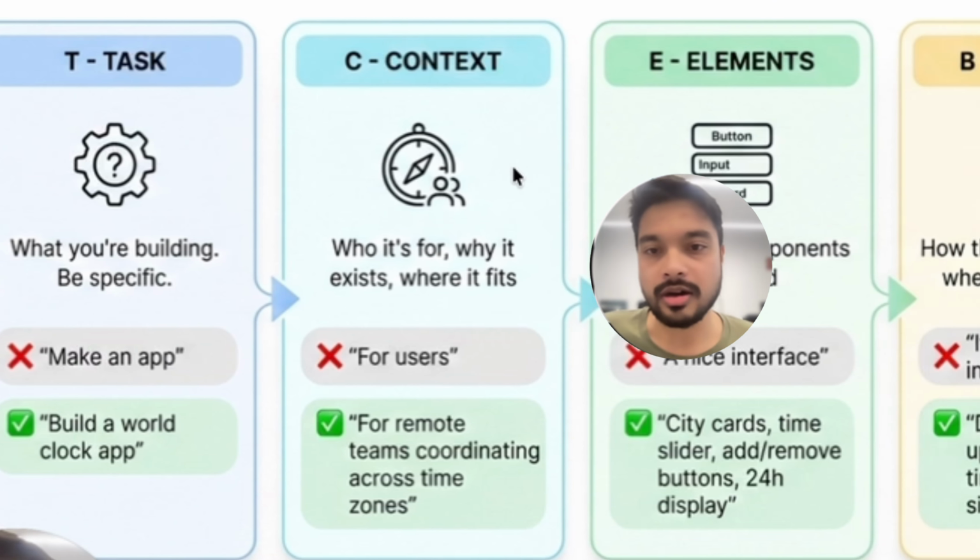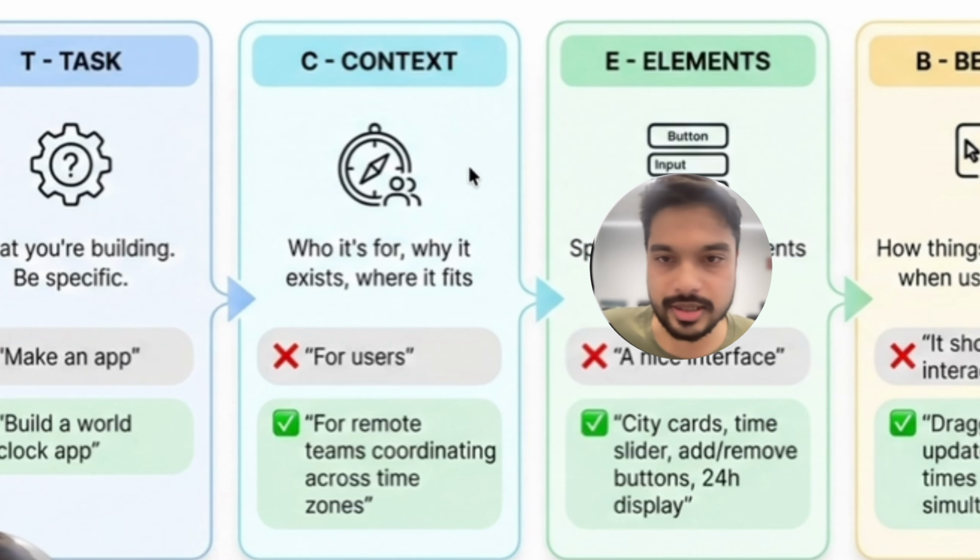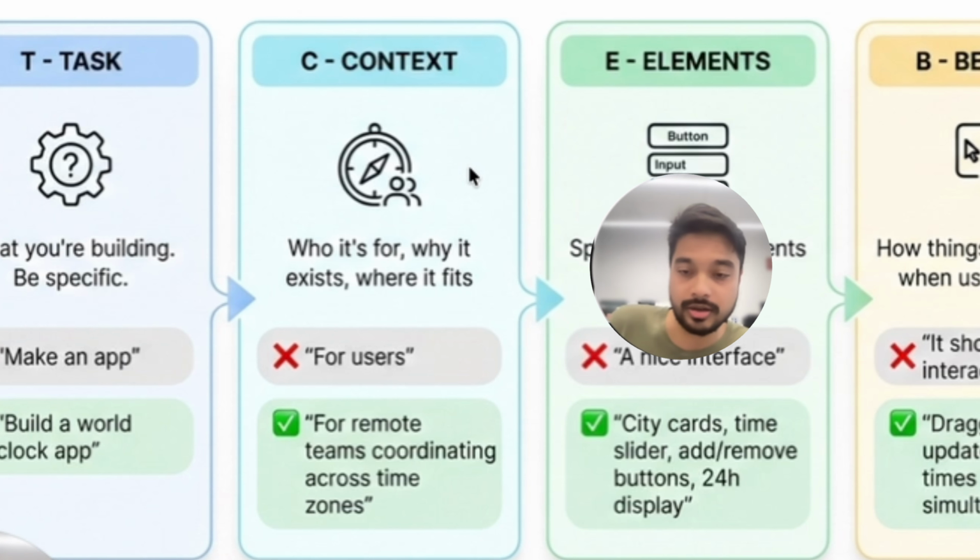The next thing is context. Who is it for? Why does it exist? Where does it fit in? You can be as detailed as possible in expanding. This world clock is for remote working teams to coordinate time zones across the different cities they are working with. And I can add more context, that it's for old people, it's for children, it's for this age bracket.